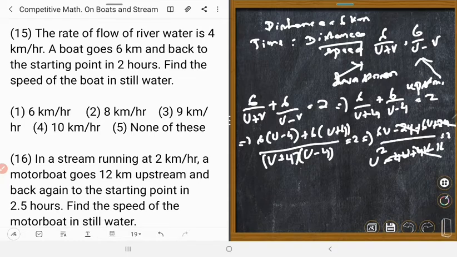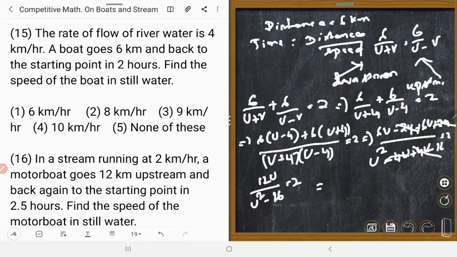The remainder is 12u upon u square minus 16 is equal to 2.